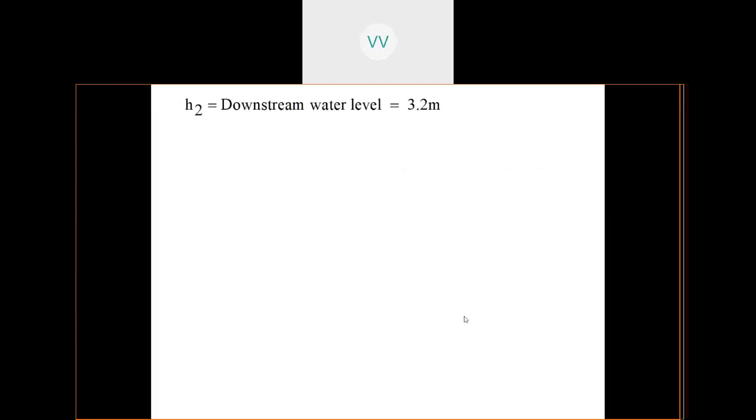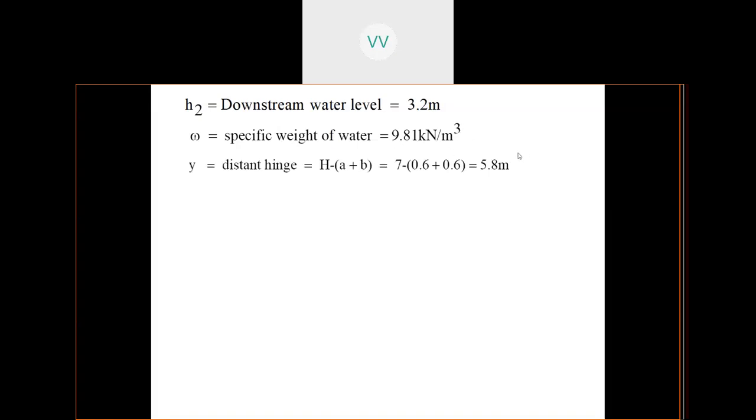So here H2 is equal to the downstream water level, which is given as 3.2 meters. Then small w is the specific weight of water, that is 9.81 kilonewtons per meter cube. And then the distance between the hinges is small y, which is equal to capital H minus the bracket of small a plus small b.